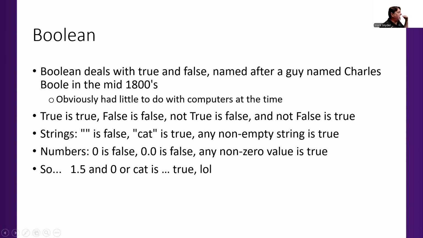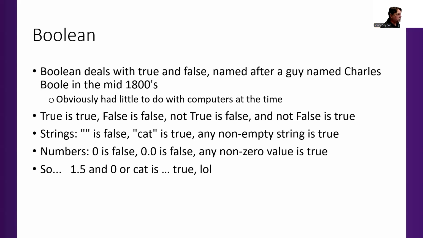In Python, you can evaluate values, literals and expressions, whatever. You can evaluate them as if they were a Boolean, and it gets kind of weird. The empty string is the only string that is considered false. But anything that has character data in it, any string that actually contains something, is considered to be true. I know, kind of weird, right? Similarly, when we talk about the numbers, 0 or in a float 0.0, that's considered false, and any other value in those types is considered to be a true value.